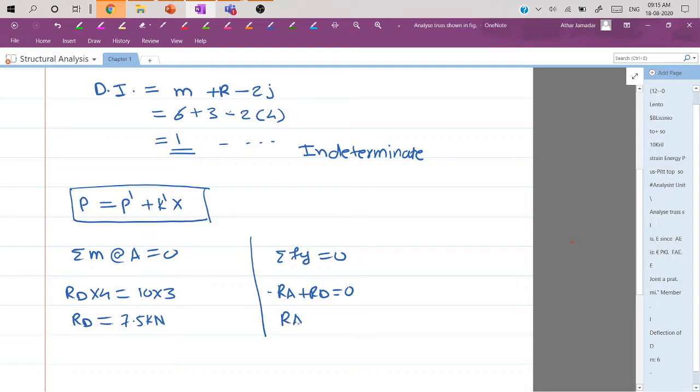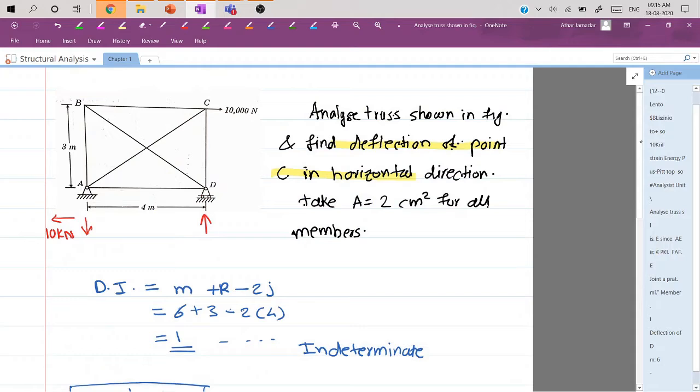So RA is ultimately going to be 7.5 kilonewton in the downward direction. So RA is 7.5 kilonewton and RD is also 7.5 kilonewton.